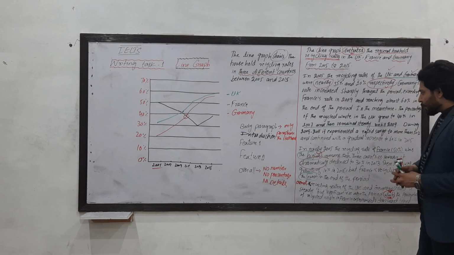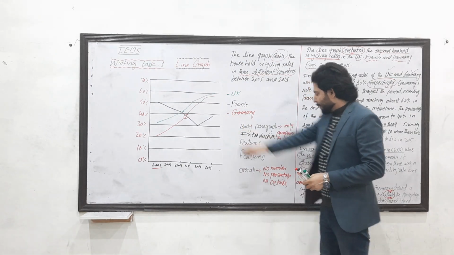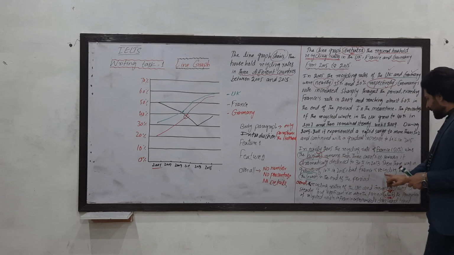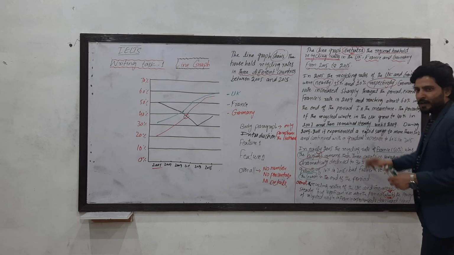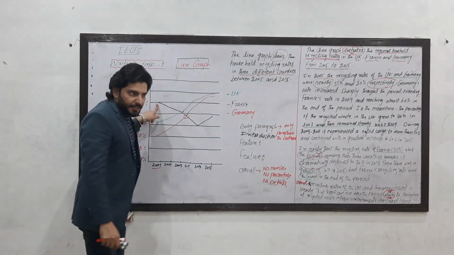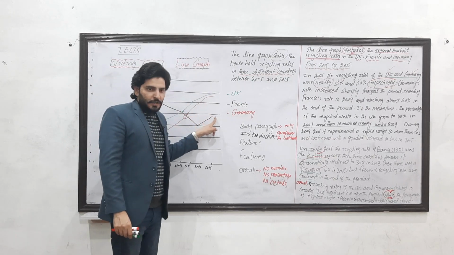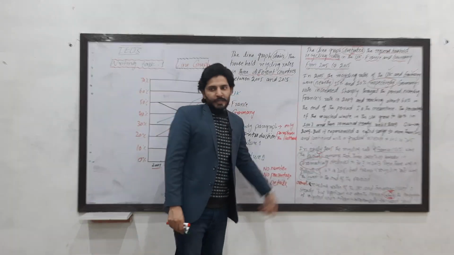Then there was a growth of 10% in 2015, but France's recycling rate was the lowest at the end of the period. It was the highest when it started, but at the end it was lowest. So I use the word highest and lowest.